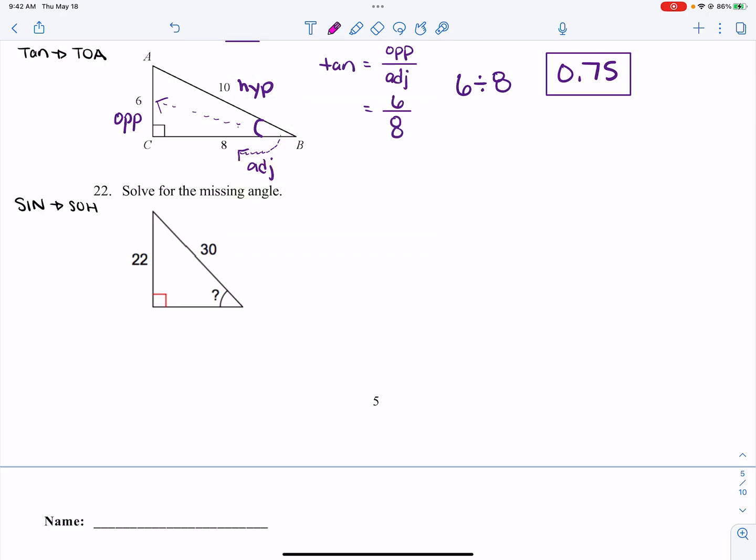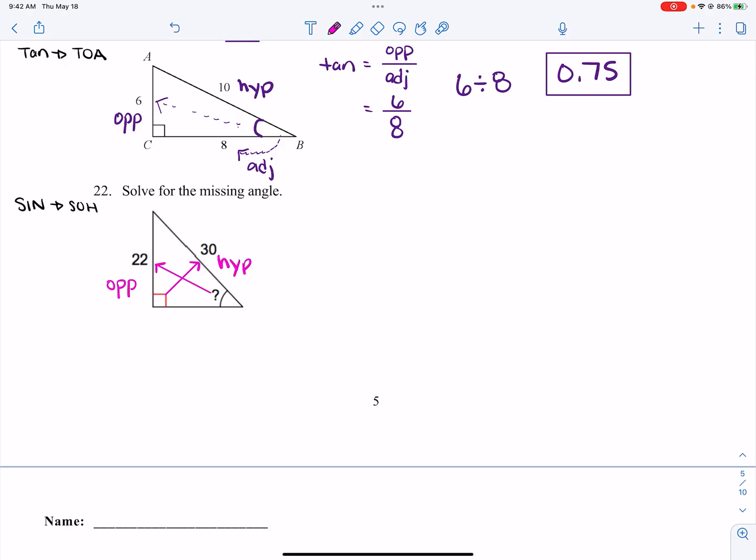Okay, number 22. I'm going to solve for the missing angle. I don't know this angle down here, so I'm going to label what they give me. They give me the opposite to my angle, and then they give me the hypotenuse because it's across from the right angle.